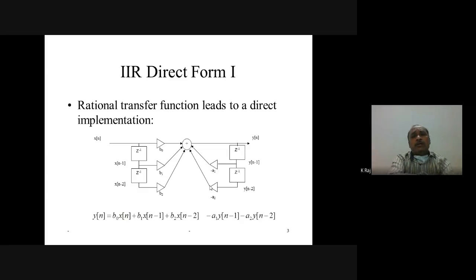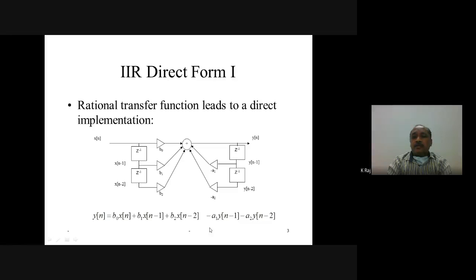Now we can say that there are different possible architectures or realizations from the given equations. If we write the equation again, the difference equation may be written as y(n) is the summation of b_k x(n minus k) minus a_k y(n minus k).